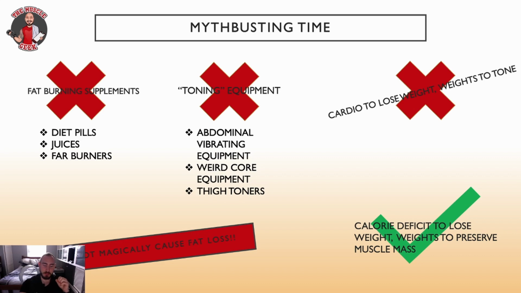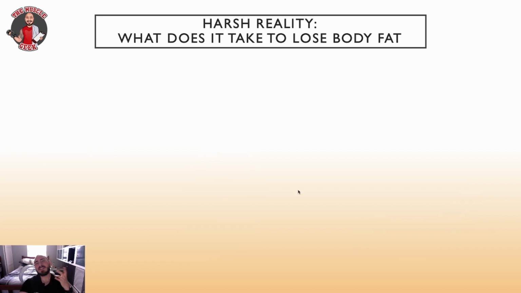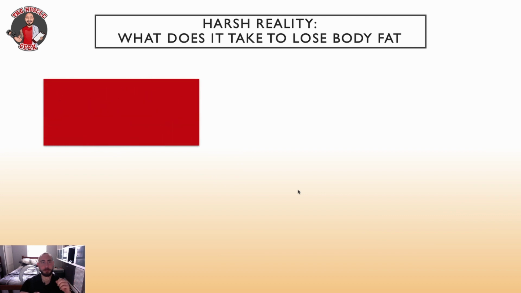What happens is when people do too much cardio, even though they are burning calories, the majority of the weight they are losing is muscle mass, and that's due to what's called catabolism. We want to use weights in order to preserve the muscle we have, so that when we get down to the weight we want to get to, the body fat levels we want to get to, we have a nice toned appearance.